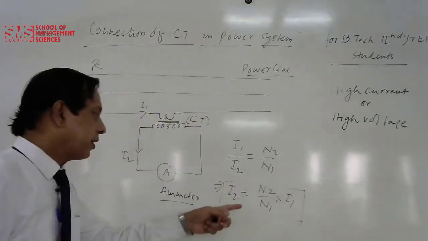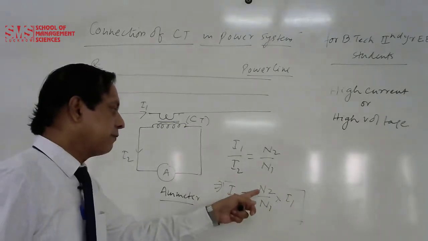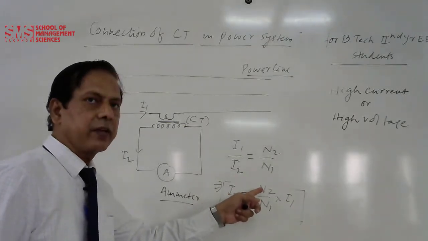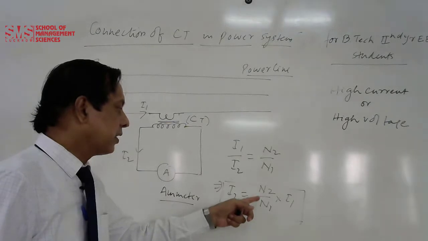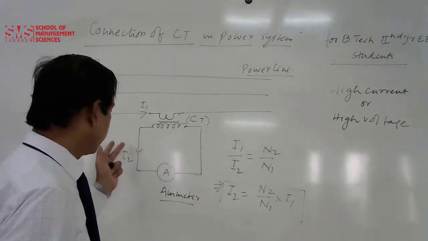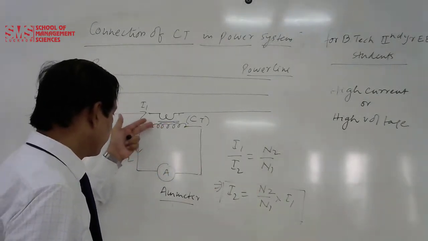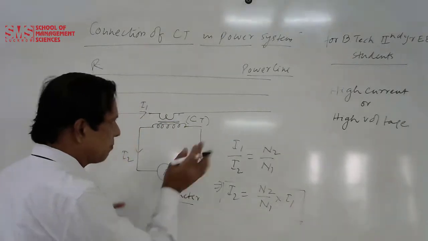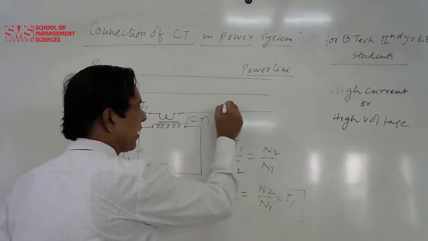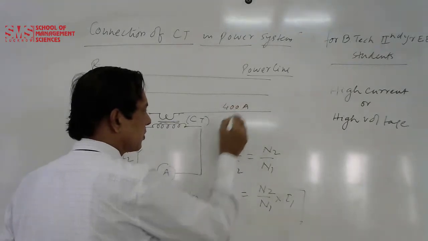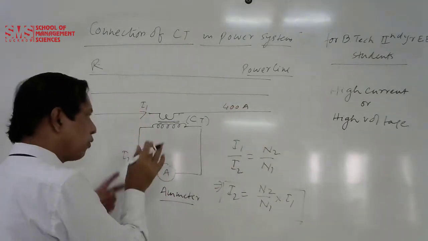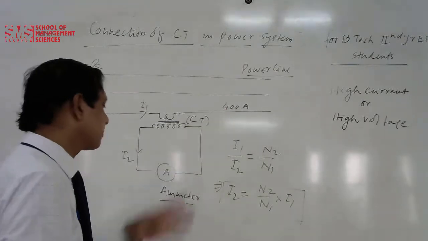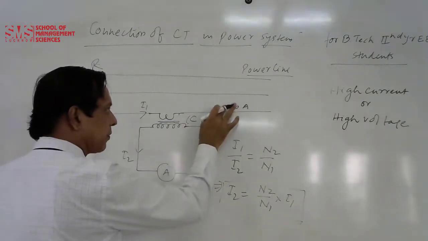By keeping the number of turns of the secondary winding very high, I2 can be reduced to a very low value. Normally, for example, say the current in the power line is 1000 ampere.